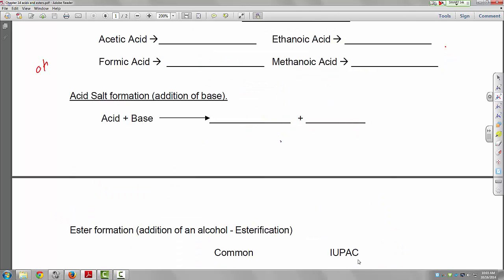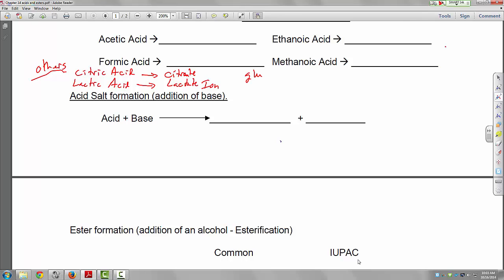Okay, I just want to show you some others that you might be familiar with. There's an acid we'll be talking about later, citric acid, becomes the citrate ion. Lactic acid becomes the lactate ion.